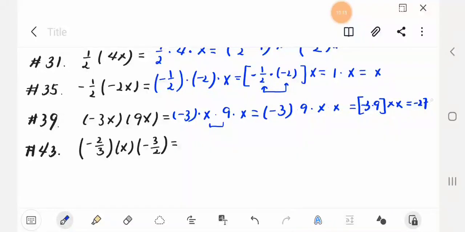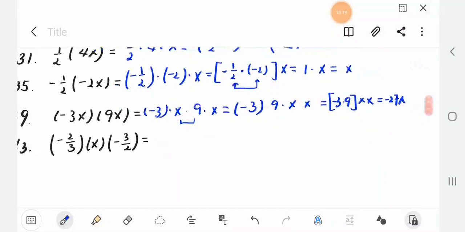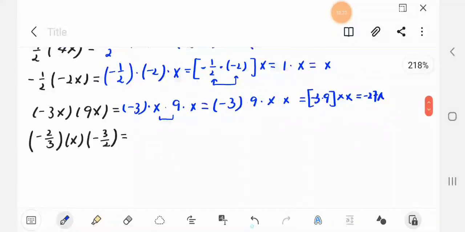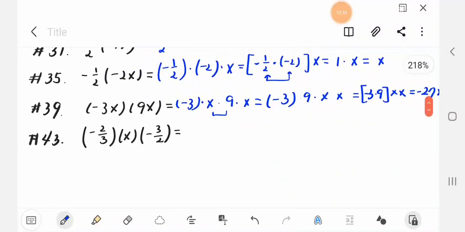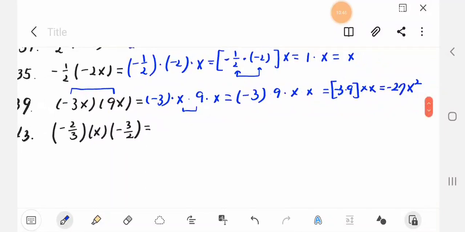And x times x is x squared, right? So negative 27x squared. Can we use mental math? Yes, of course. Multiply negative 3 and 9, then negative 27. And then x times x is x squared. So you can find the answer right away.